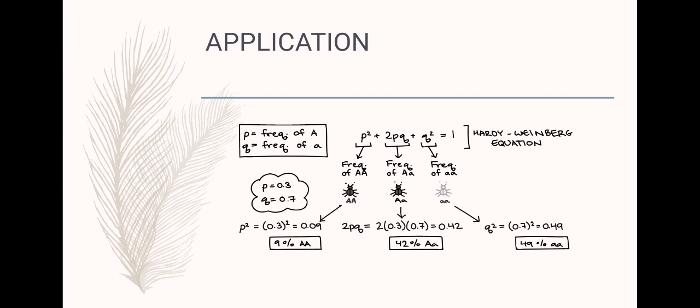Now, 9% of the total population would be homozygous dominant, 42% of the population would be heterozygous, and 49% of the population would be homozygous recessive. If you add that up, that would always be equal to 1. So that's what we're talking about: every allele manifestation would always be equal to 1.